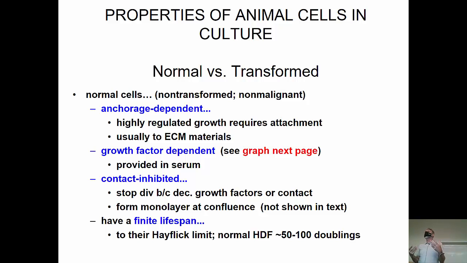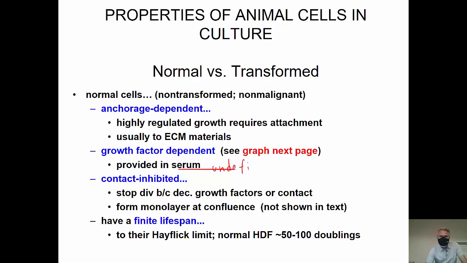And so for cell culture, the big expense is the serum is expensive. But the other thing about the serum is that you don't really know what's in it. You have an idea, but because it can switch from batch to batch, this is something that we can call undefined. Okay?